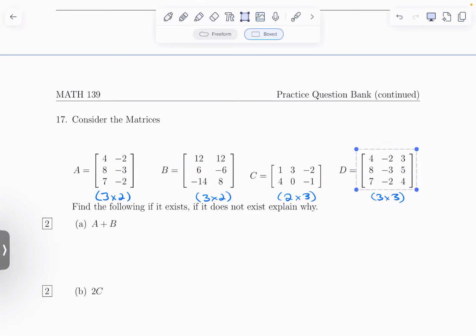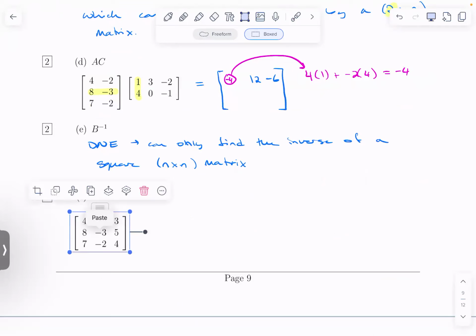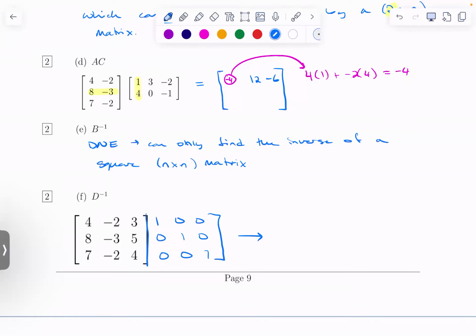Which, surprise, surprise, is the next question. How would you solve this? To find the inverse, 1, 0, 0, 0, 1, 0, 0, 0, 1, and you're gonna morph it, and there's definitely not enough room to do it, right?